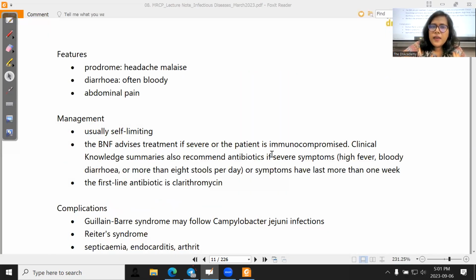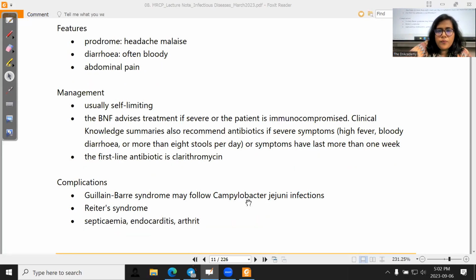Usually self-limiting, and if this is not a severe case, they do not usually give antibiotics. And this is the only gastroenteritis where the initial first line antibiotic is a macrolide, clarithromycin, okay? And for the rest of the gastroenteritis, first line treatment is ciprofloxacin, okay?